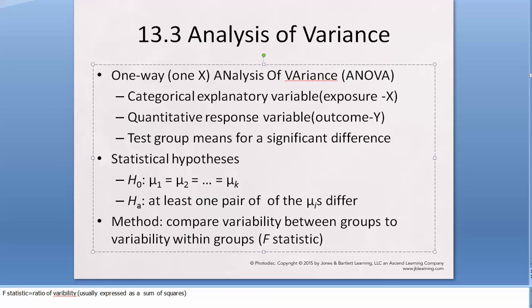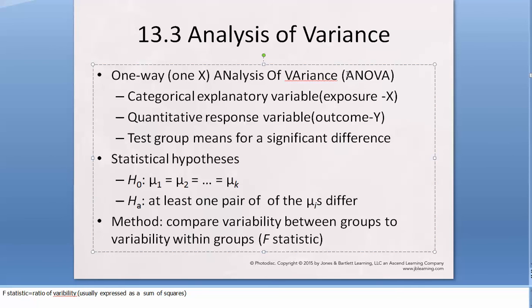Now you could have the group and the age of the person, because age affects heart rate also. You can have age categories. Then it will not be one way, it will be two ways, because there will be two different types of x's. But here we are working with only one x, so that is why it's called one way analysis of variance.